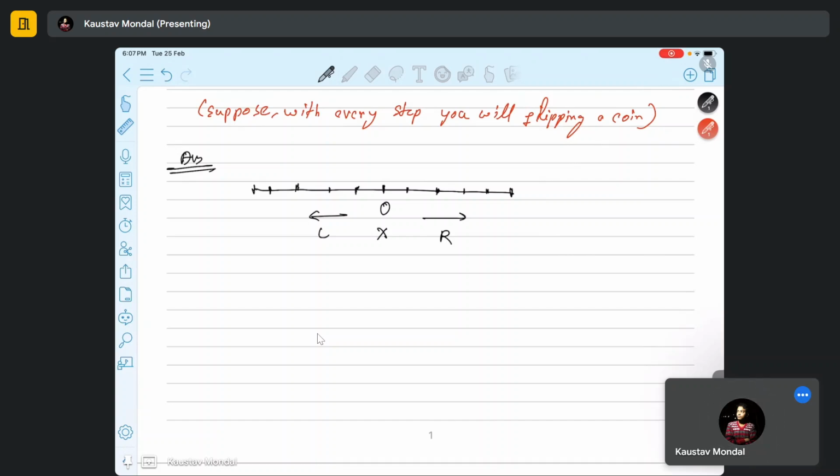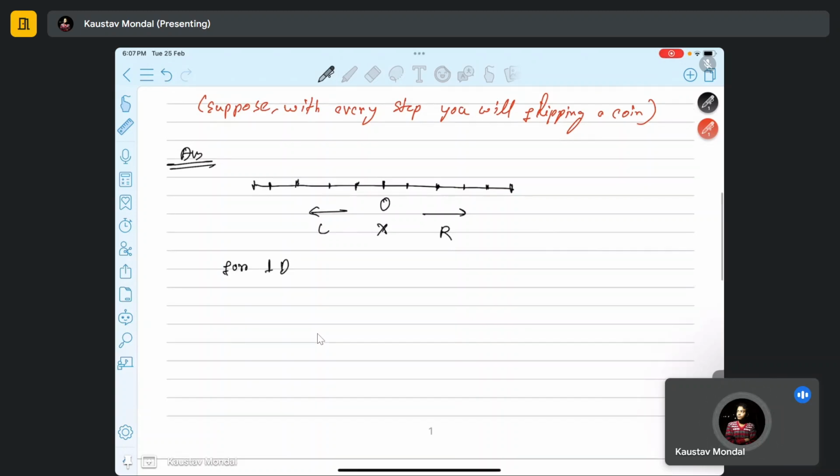So a 1D random walk consists of a variable or a walker that starts at an initial position.